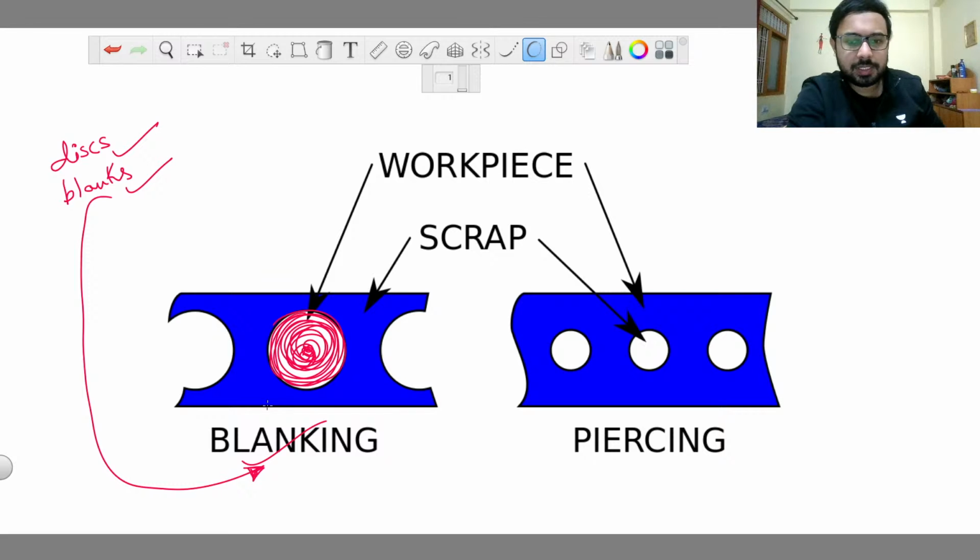What piercing represents here is also represented there, because there the main desired part is not the thing that is removed, it is the thing that is left. So you can remember piercing by that. Ear piercing, nose piercing are examples.